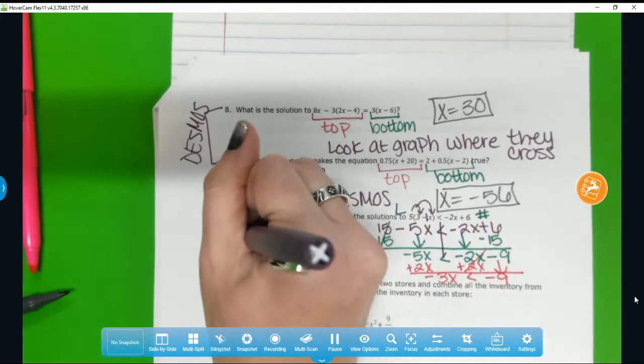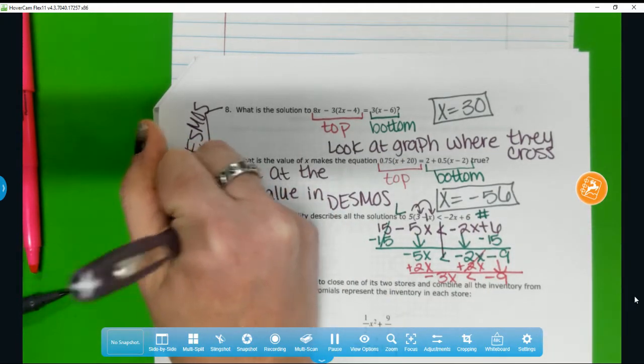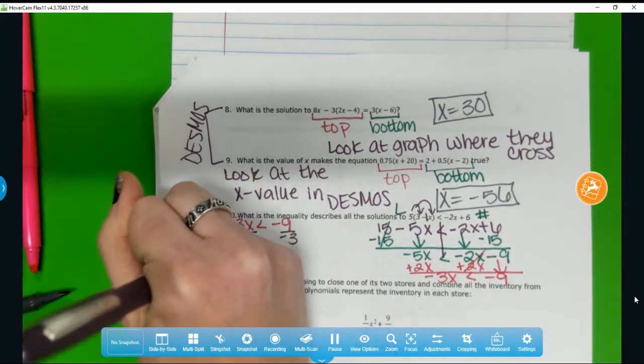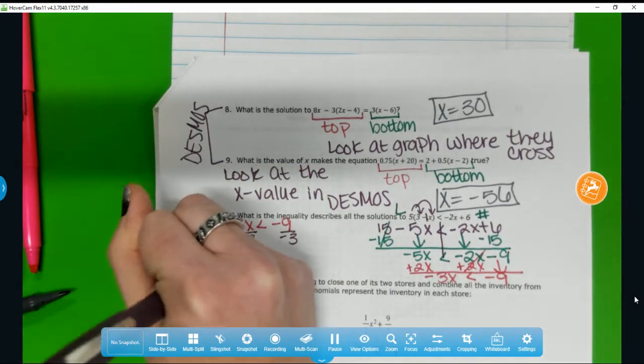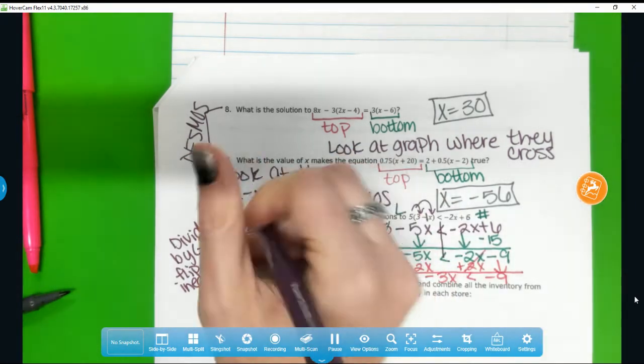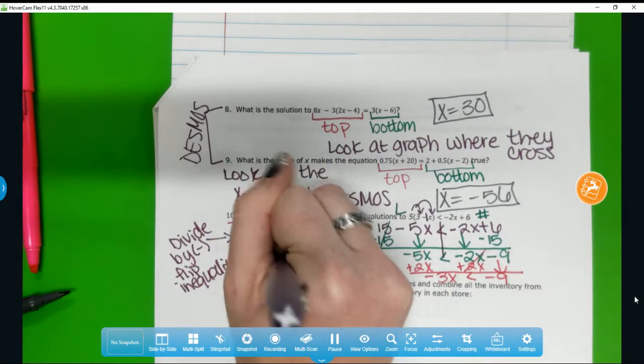Remember, when you divide by a negative, you flip the inequality. Okay, so I'm going to have x is greater than 3.